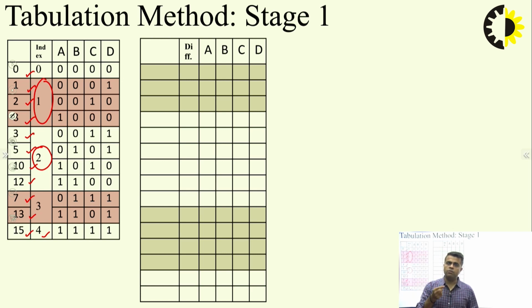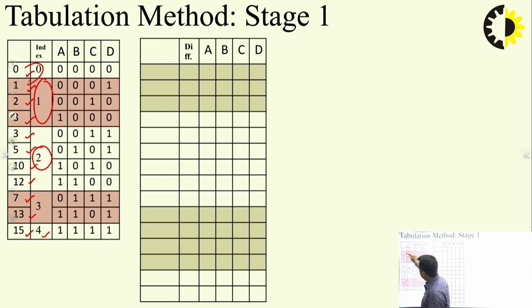Index 1 will be compared with index 2, index 2 with 3, and 3 with 4. From one index we use the next higher index for checking the grouping possibilities. So we can check that 0, 1 is a possibility.